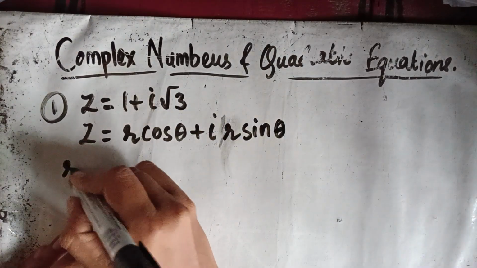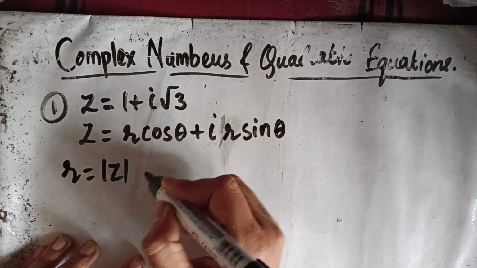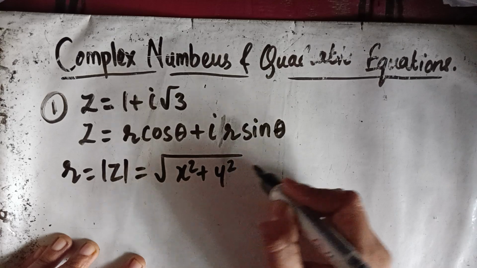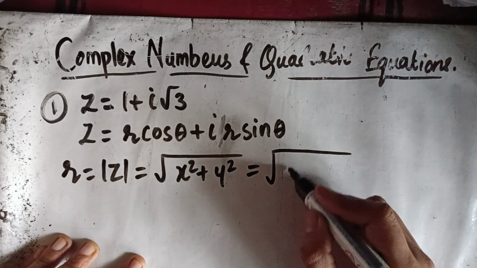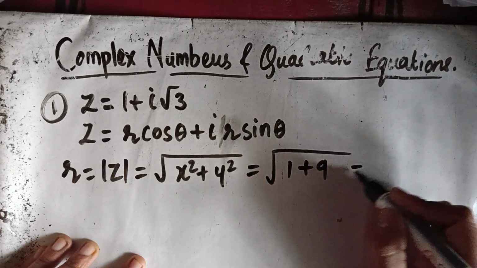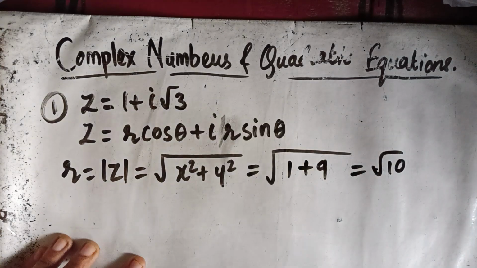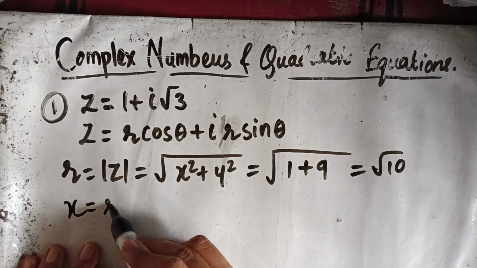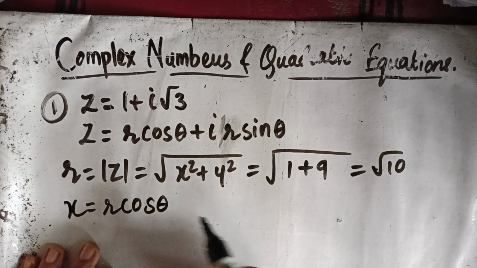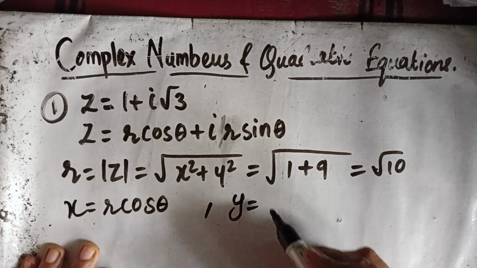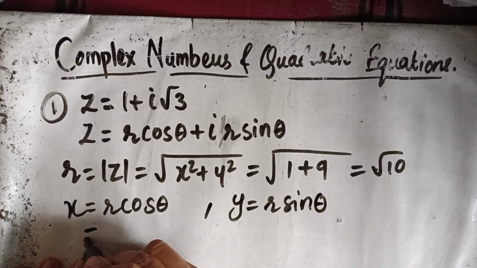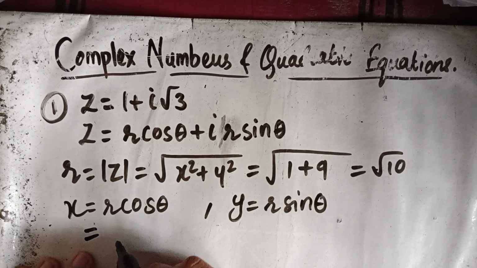Okay, r you can find, that is mod z, root of x square plus y square. So 1 square plus 3 square, which is root 10. This is your r. Okay. x is r cos theta and y is r sin theta. Okay. r is root 10.